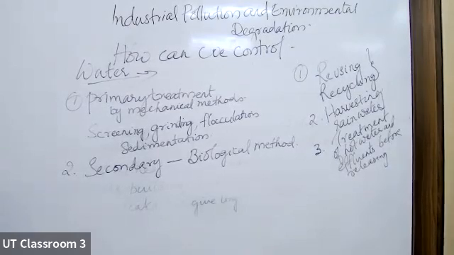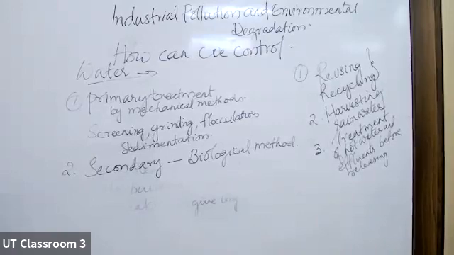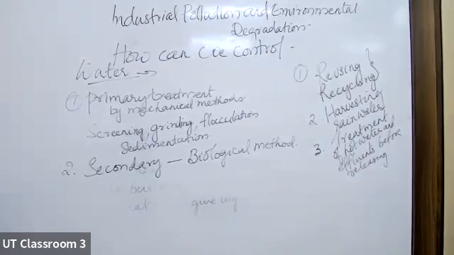So these are the devices which are used to control that air pollution. You might have seen the factories are having big stacks on the heights, and the smoke is released to the upper atmosphere, and after that height it is going. So it is not giving pollution to the locals.